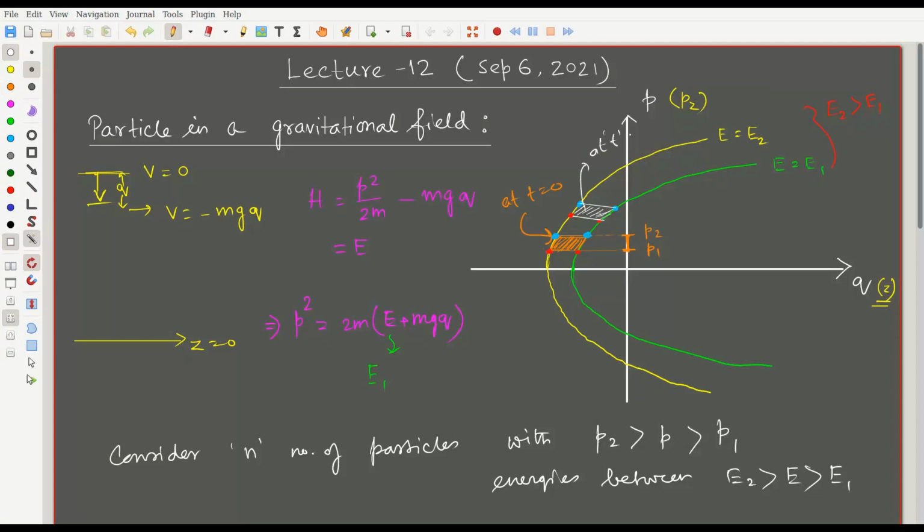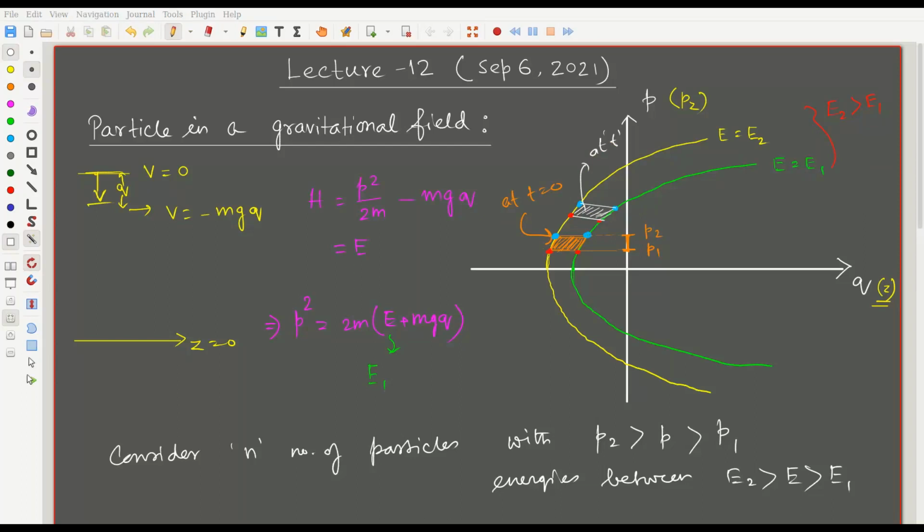Now, because of this evolution, I want to know what is the relation between these two areas: the area that the particles occupied in phase space at t equals 0, and the area that the particles now occupy in phase space at time t. So how do we find that? The way to find this is quite simple.